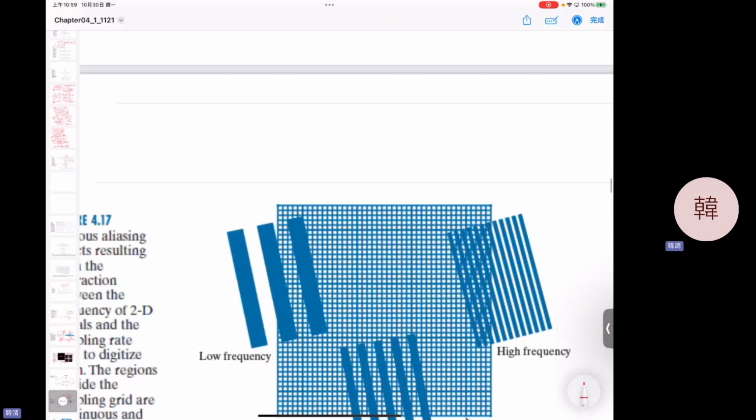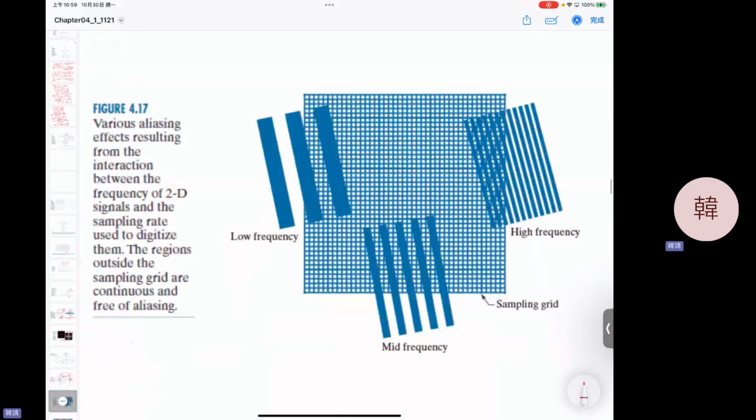Okay, so let's see this example. The background net is a sampling net, just to give you some idea. There are three images: a thicker, low frequency bar, a medium frequency bar, and a high frequency fixed bar.